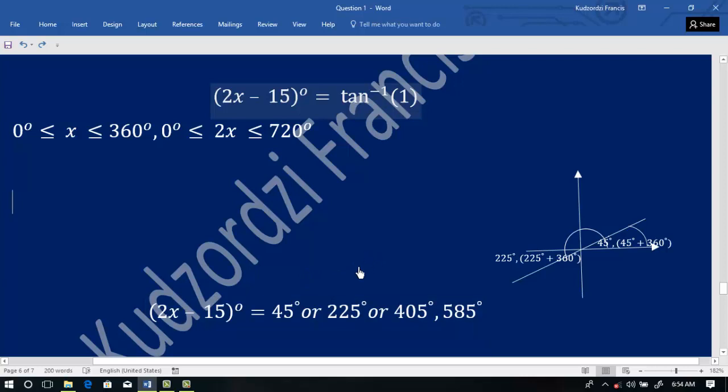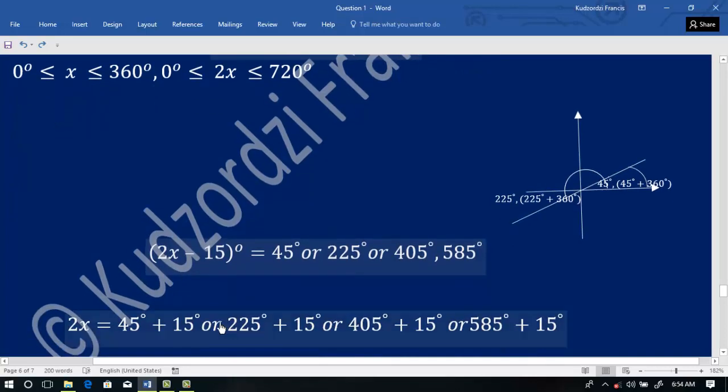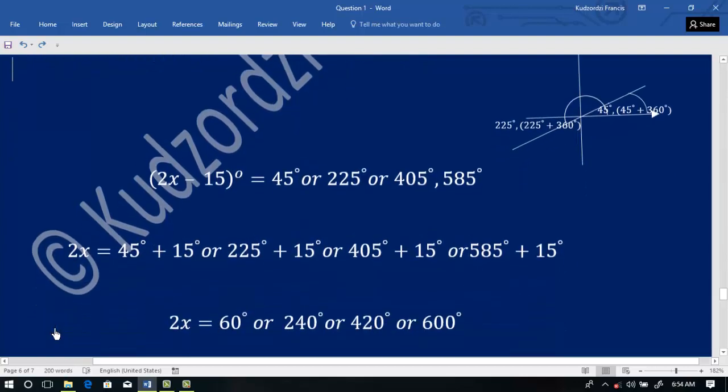Now we therefore proceed to look for x. So we add 15 to both sides. So we are going to get 2x equals 45 plus 15 degrees, or 225 plus 15 degrees, 405 plus 15 degrees, 585 plus 15 degrees. We simplify this first, so we get a sense over here.